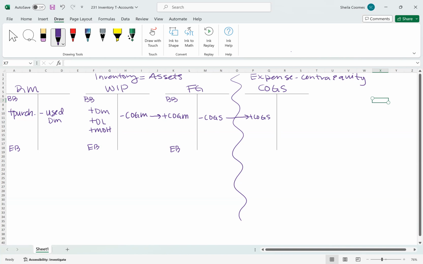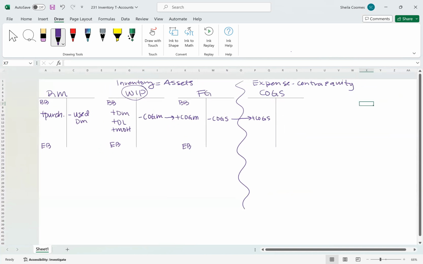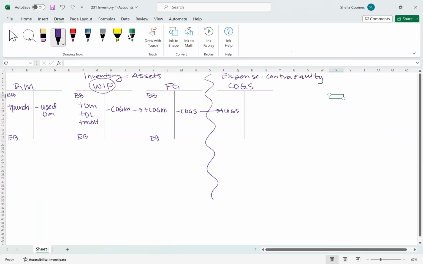Now, as we talk about job costing and applying cost to jobs, it is everything that happens in the work in process account. So that's where our focus is going to be. So we're going to expand this just a little bit, okay? And we're going to expand this because we're going to start looking at how costs flow through the accounts.